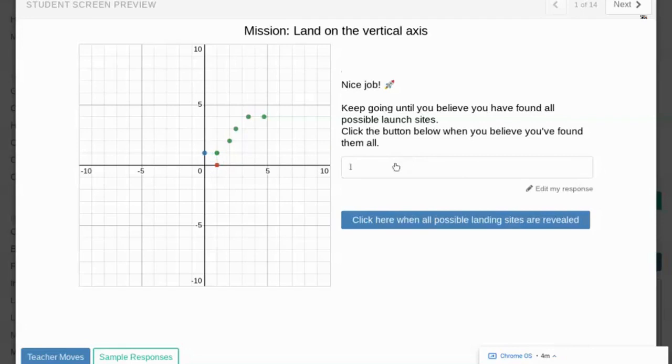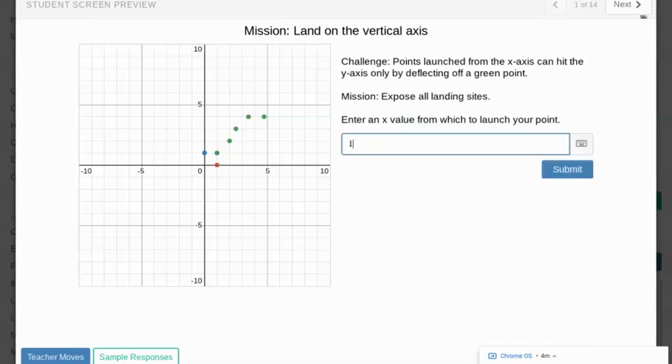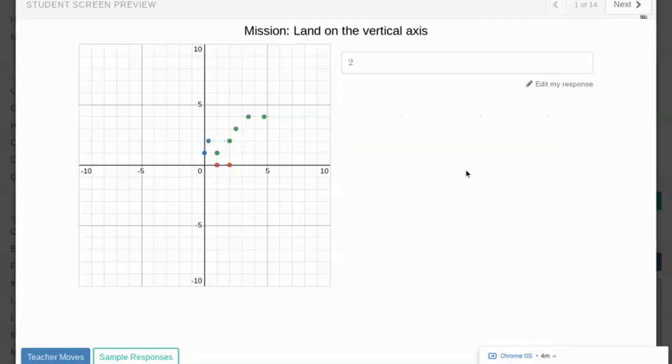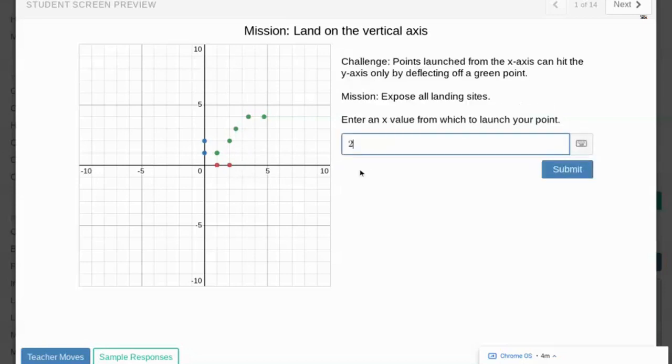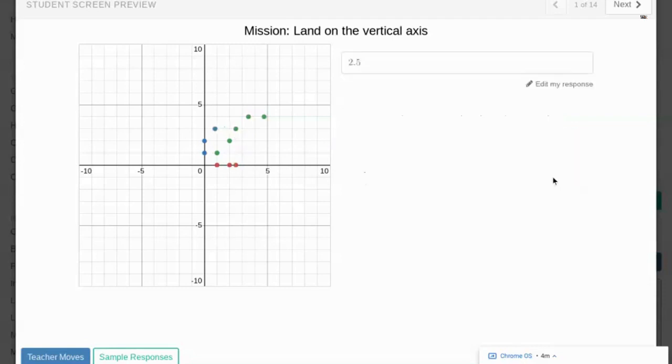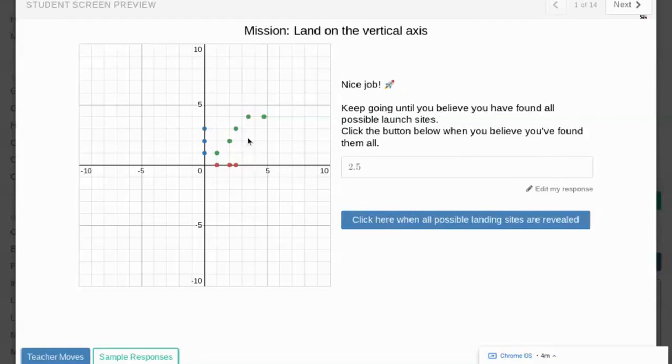And it works. Our next one, I'm going to try 2. And it works. This one here is a little bit trickier. Looks like we're between 2 and 3, so that puts me at what? 2.5. Okay, so far so good.